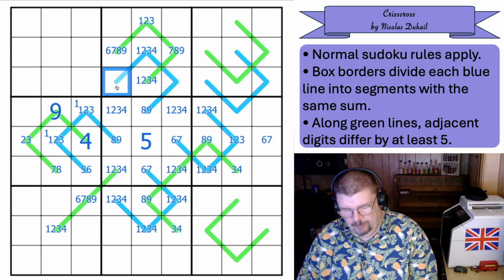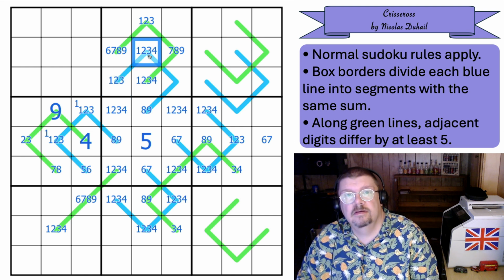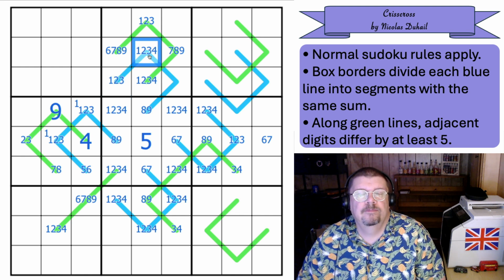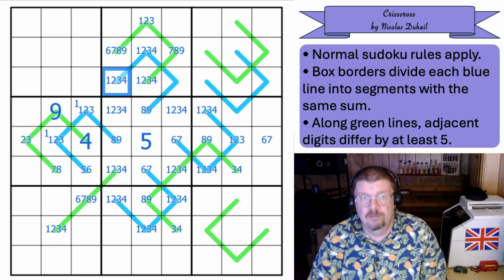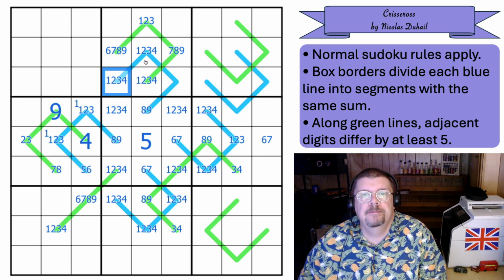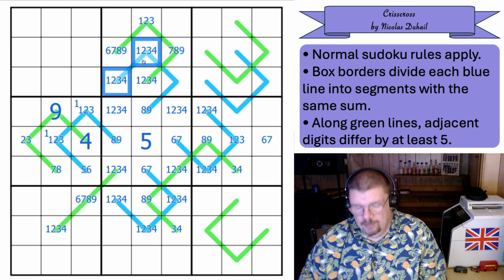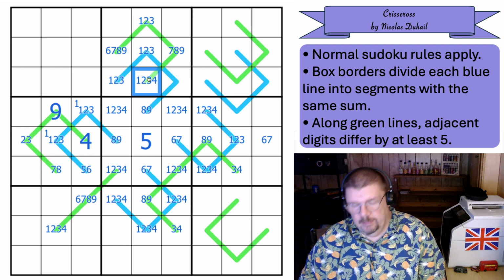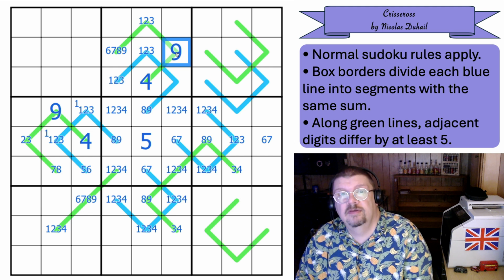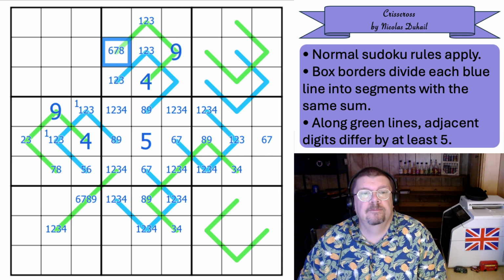So this must be from 1, 2, and 3. In fact, yeah, from 1, 2, 3, and from 1, 2, 3, and 4. Right, this can't be from 1, 2, 3, and 4, and therefore those are my two low digits from 1, 2, and 3. Right, that makes this a 4, and this a 9, and that is not a 9.